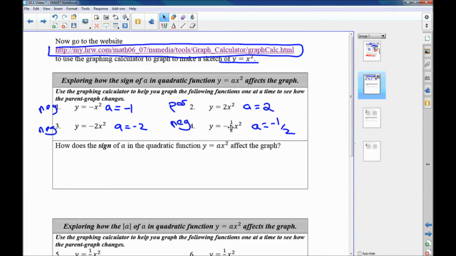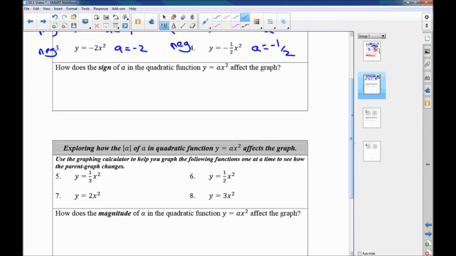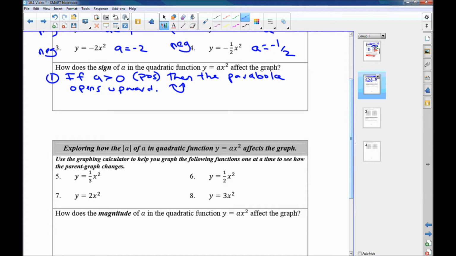So how does the sign of a in the quadratic function y equals ax squared affect the graph? Okay, well, if a is greater than 0, that means positive, then the parabola opens upward. Okay, it makes a smiley face. All right.